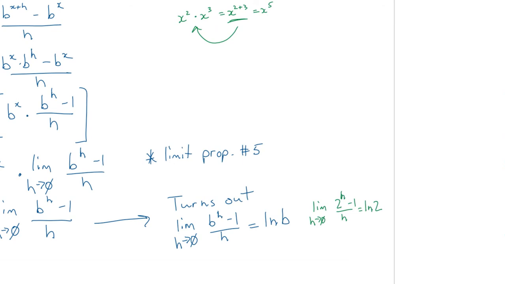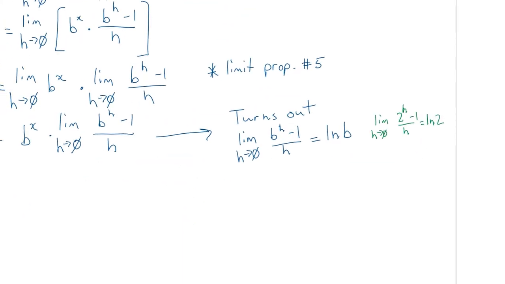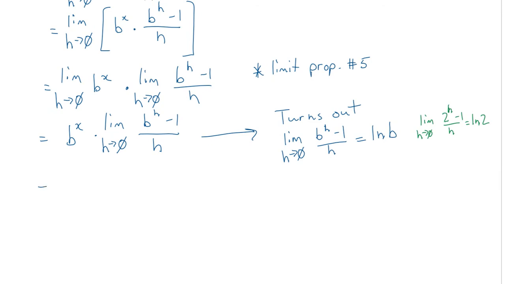So it turns out that this is the case, that this limit is the ln of b, which means the derivative is b to the x times ln of b.